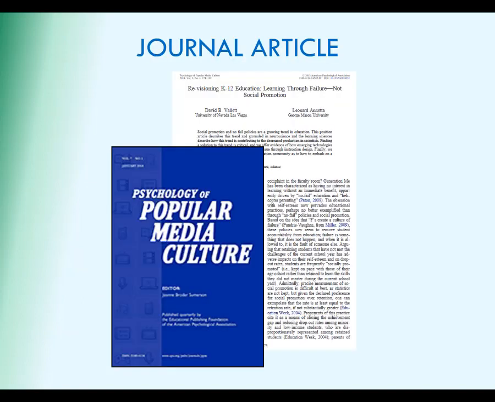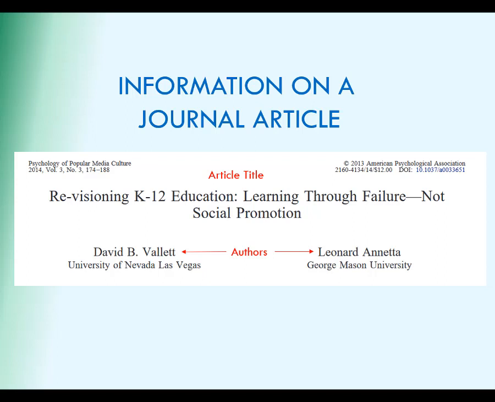Let's apply these rules and write a reference for an article that was published in a journal. The information we need for the reference can often be found on the journal article itself, if you look around the PDF, or you can look at the detailed record if you found the article on a library database.